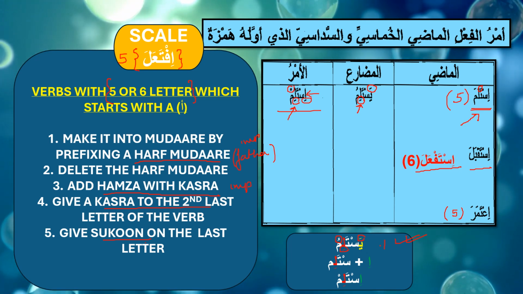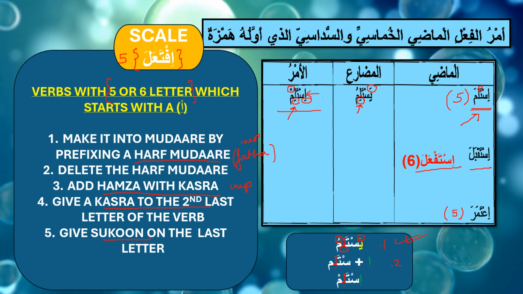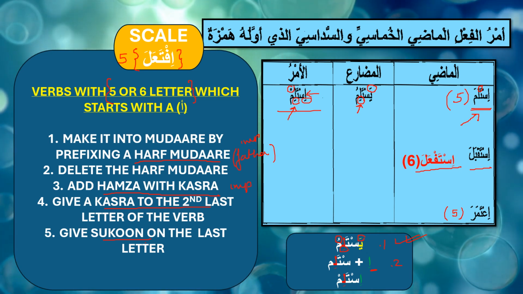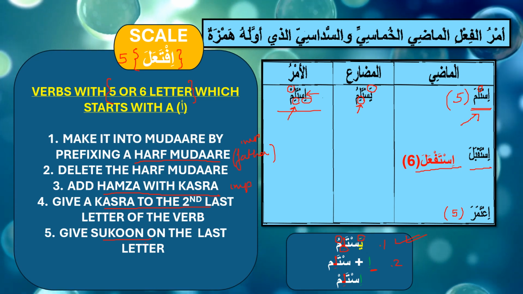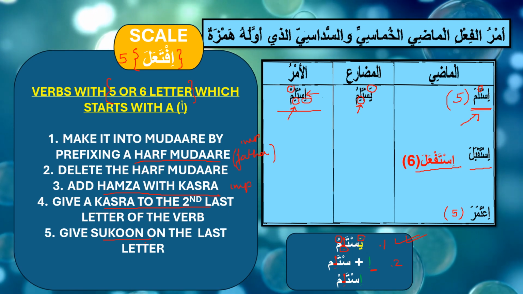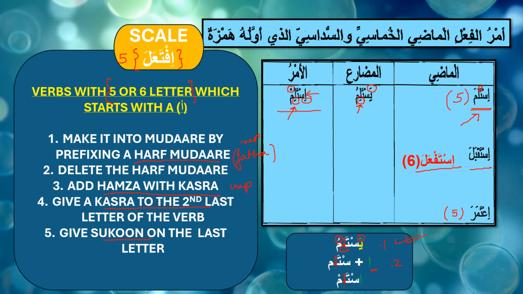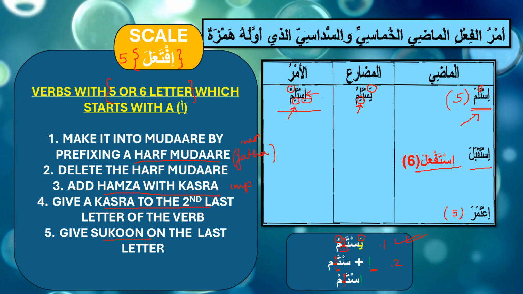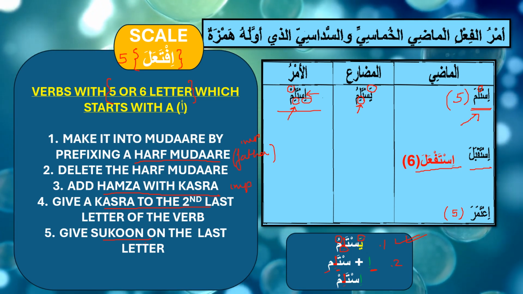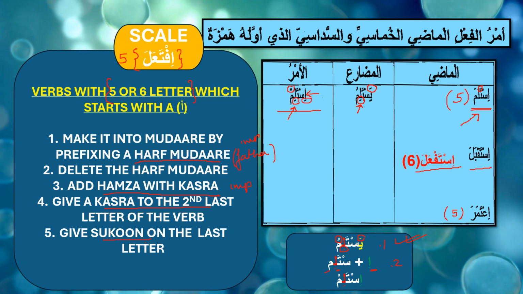But the moment you bring in the second step, you bring in the hamzatul wasl with a kasra. And with the deleted ya of the harf mudare, you have the structure as seen with sukun, ta with fatha, lam with kasra, and I left the mim alone because in the third step you need to remove the dhamma and give a sukun.